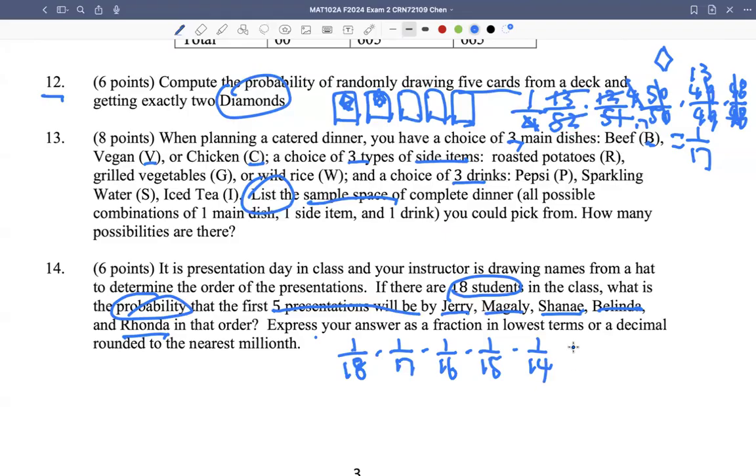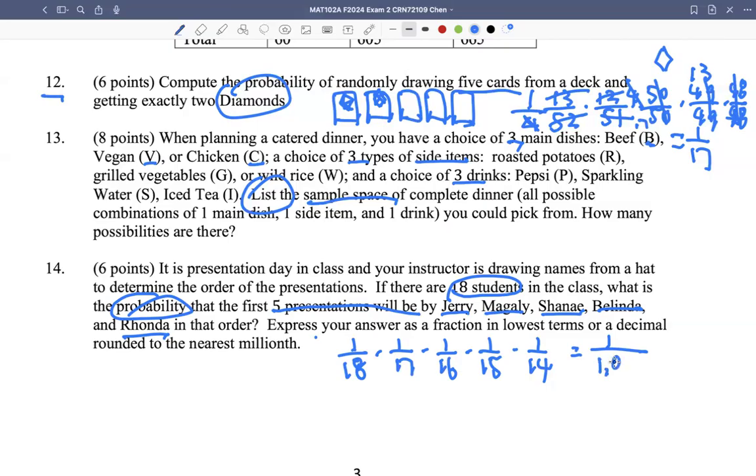Then we multiply. So we get a big number in the denominator. We just put it into our calculator: 18 times 17 times 16 times 15 times 14 to get about a million in the denominator, because the numerator is 1 times 1 times 1 times 1 times 1, which is still 1.